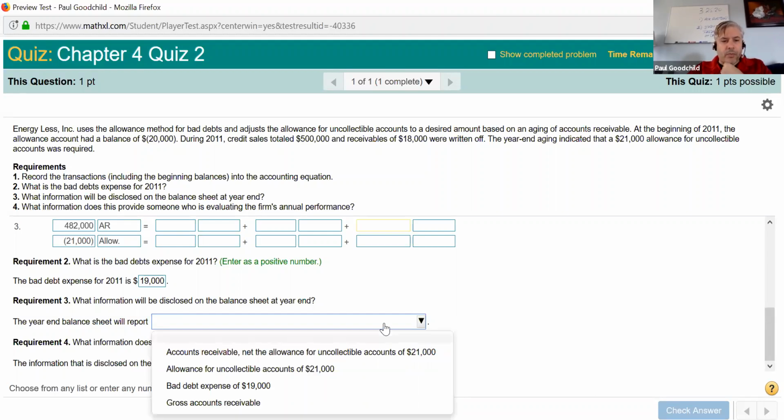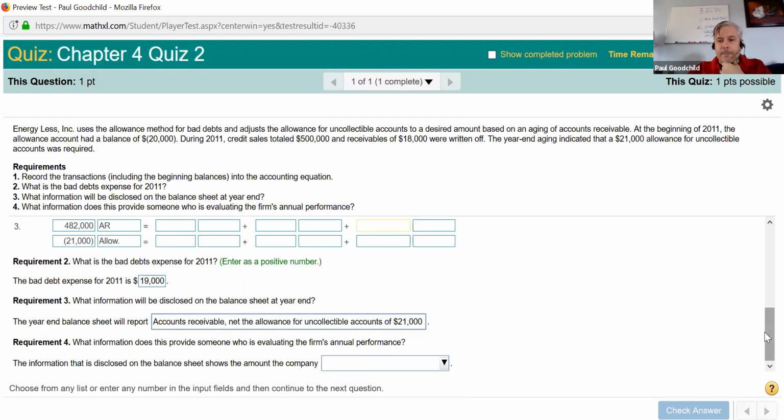And so what information will be disclosed? Accounts receivable net of the allowance accounts for 21,000. And then the information that's disclosed shows the amount the company expects to collect.